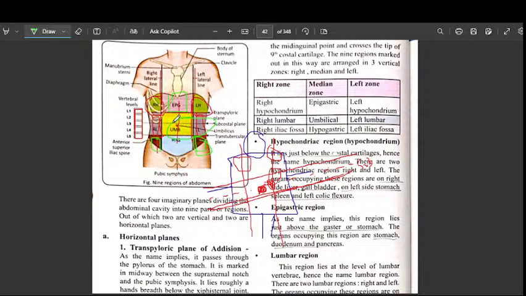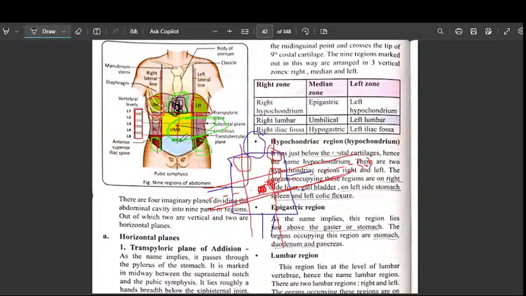Above the gastric region is epigastric, where you can feel when people say that here is pain or something is pressing in this cavity. So this cavity is epigastric.